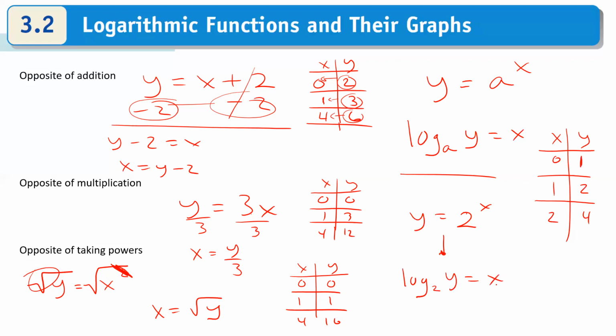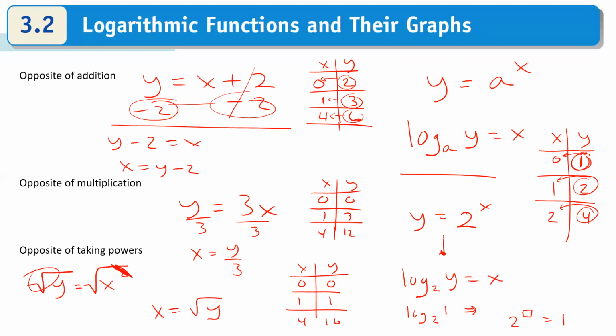Whoa, okay, so let's go with the meaning here, ready? So 1 has to somehow go to 0, 2 goes to 1, and 4 goes to 2. Let's see what the meaning is. Log base 2 of 1 means this: what exponent do you put on 2 to give you a 1? 0.